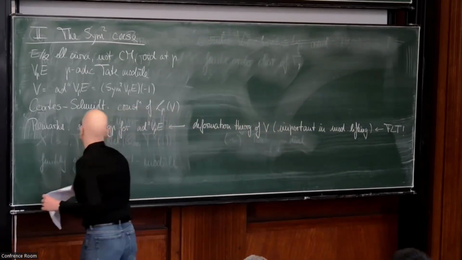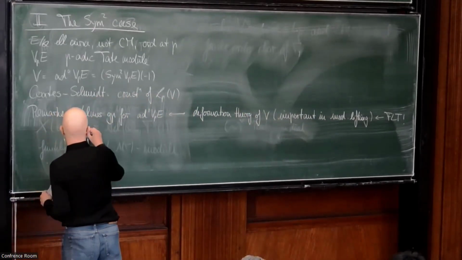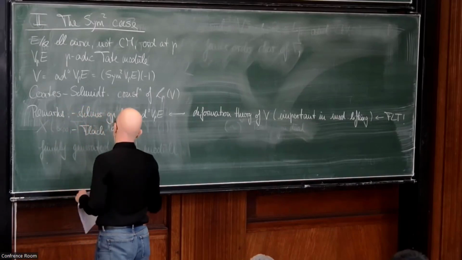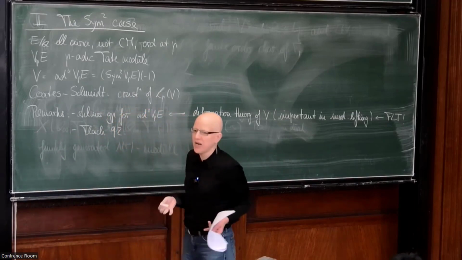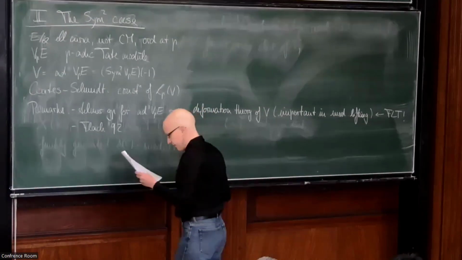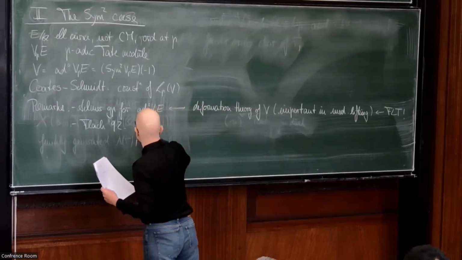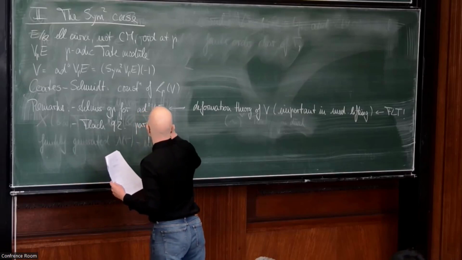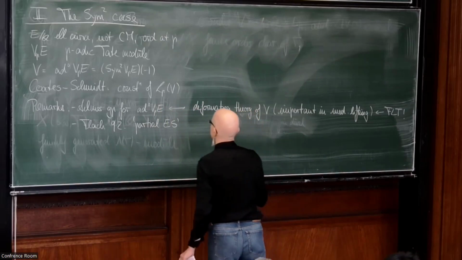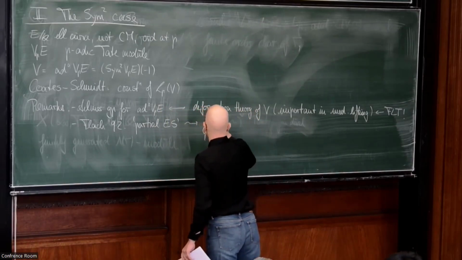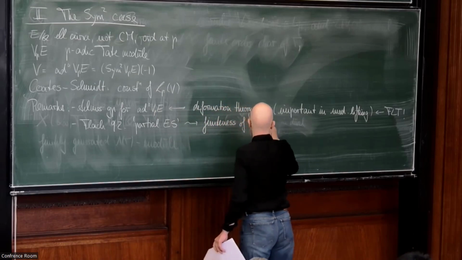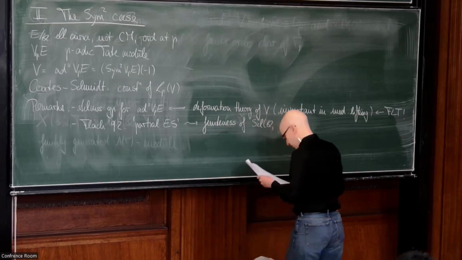There was some work by Flach from the 1990s. He constructed a kind of partial Euler system. He was not able to construct a full Euler system, but with the partial one he could prove the finiteness of the Selmer group of the representation.